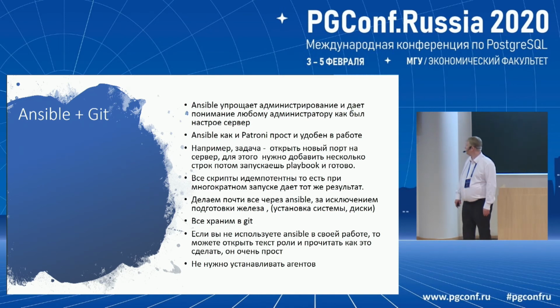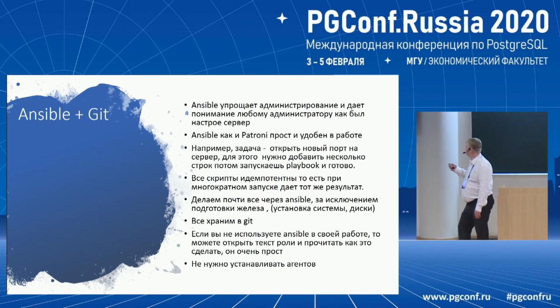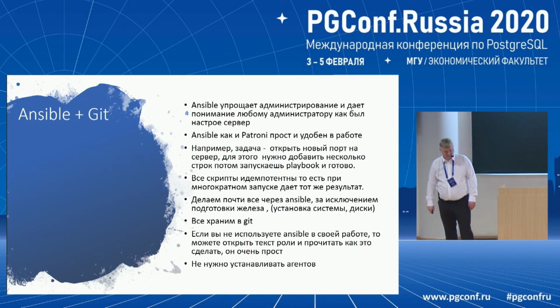I am the head of the department, and for me, it's important. I understand that maybe someday I will leave the company and I will leave all the work in these scripts, all the work that I had done. All the scripts are idempotent. What does it mean?